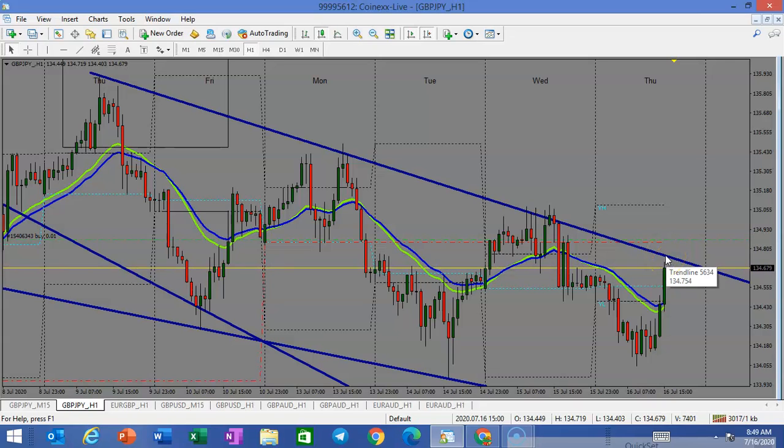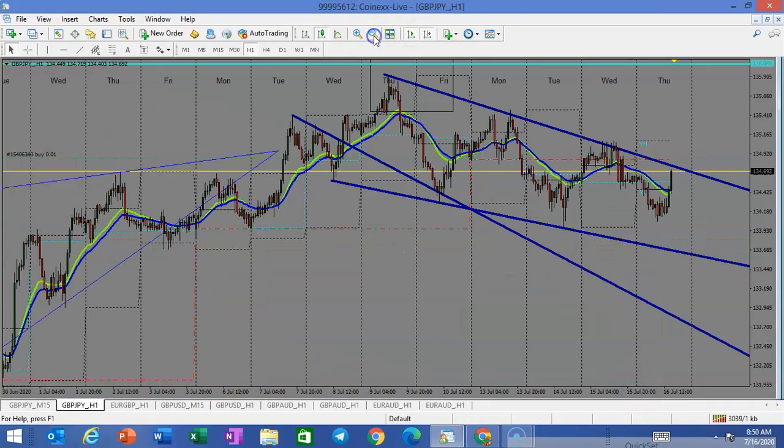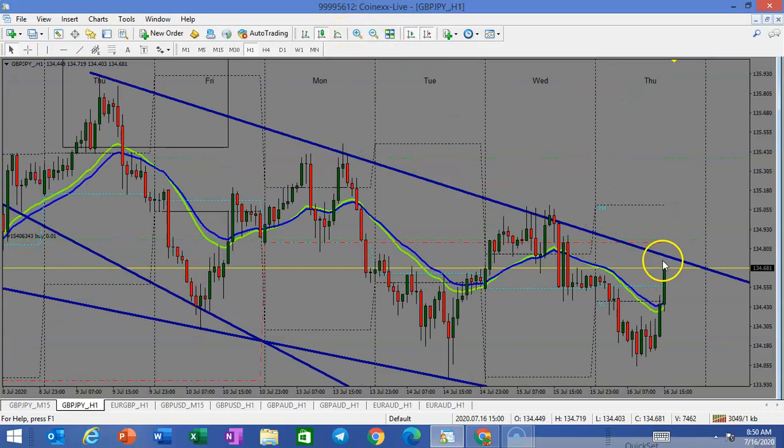And if it does, I'd be looking for signs to buy. If not, I'd definitely be looking for a sell once price action reaches this area. And I do see that happening today.